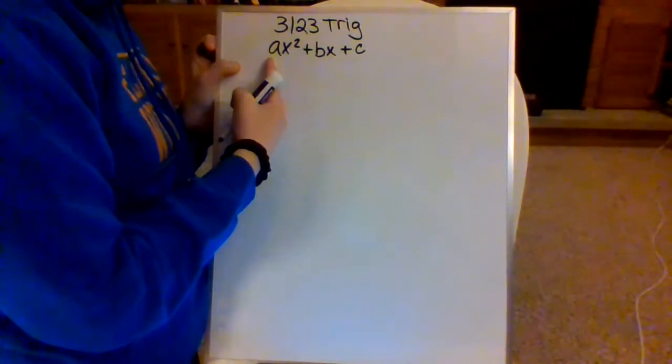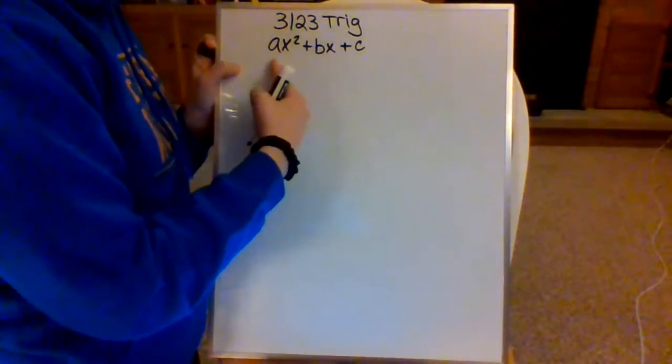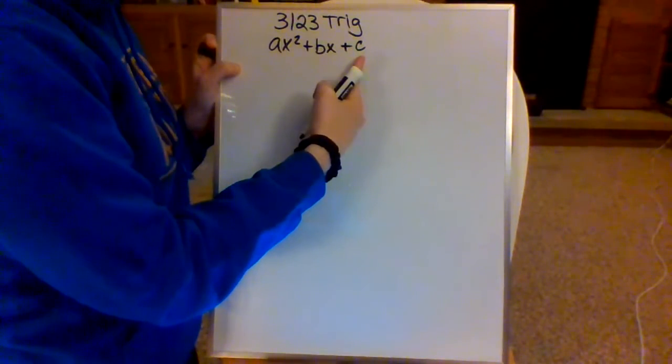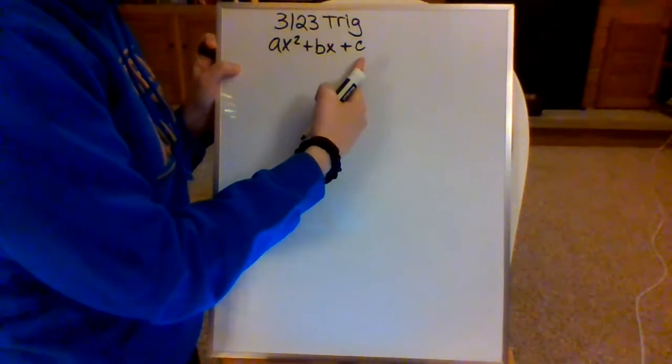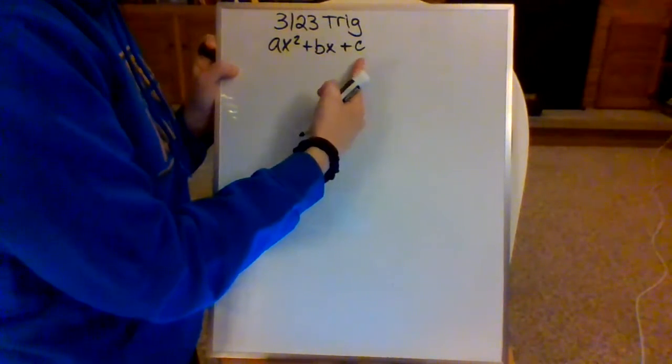The general way is you multiply a and c, but if a is 1, we're just going to look at c, the last term, and figure out what could we multiply together to get c, that when you add those factors, it would equal b.